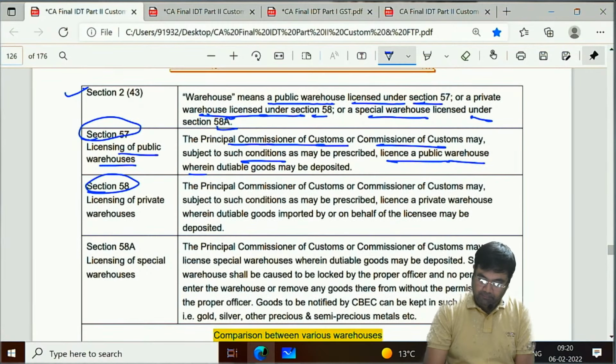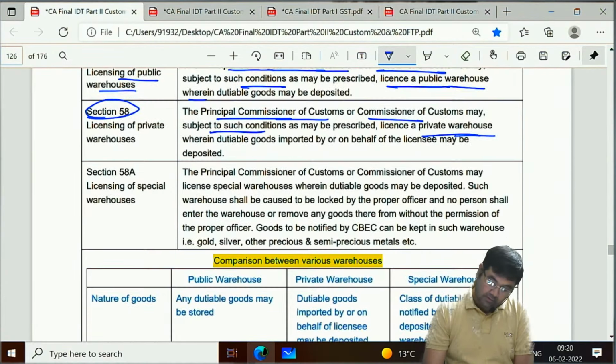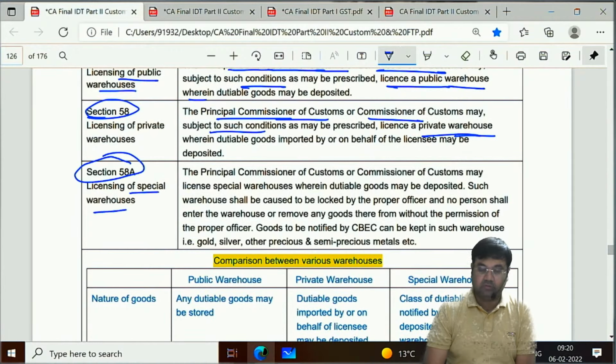Section 58 empowers the principal commissioner of customs or commissioner of customs, with conditions, to give license for a private warehouse. Section 58A, licensing of special warehouse. So again, the principal commissioner of customs or commissioner of customs is authorized, subject to these conditions, to give a special warehouse license.